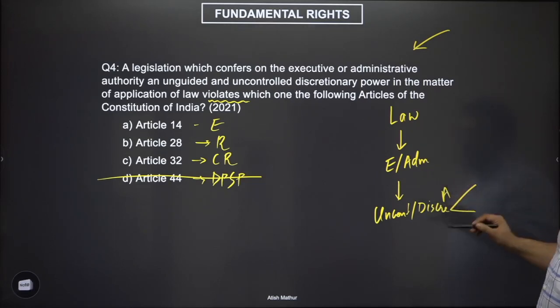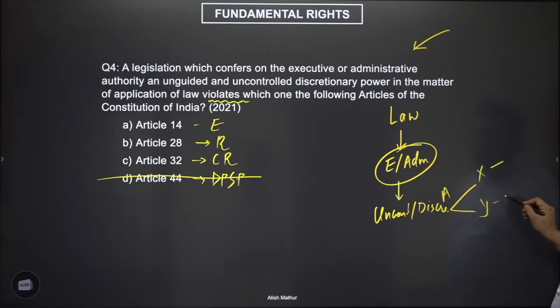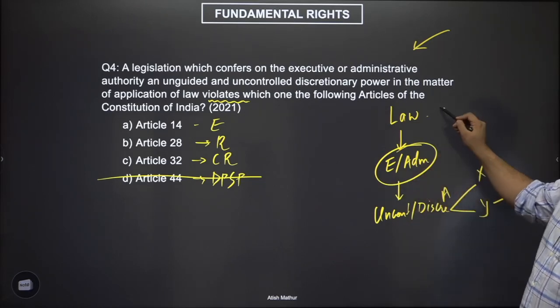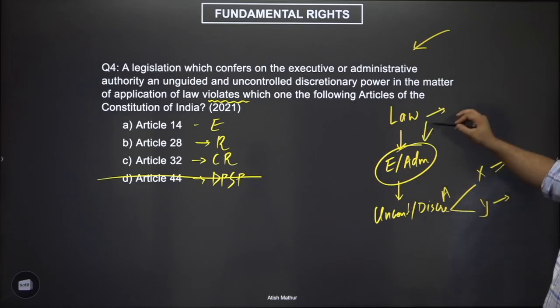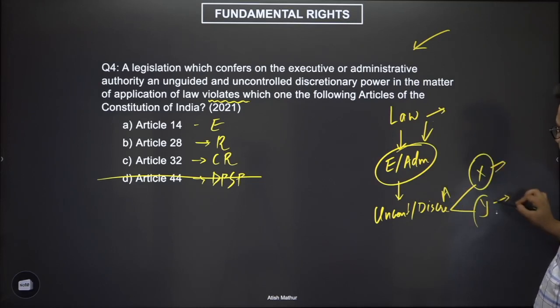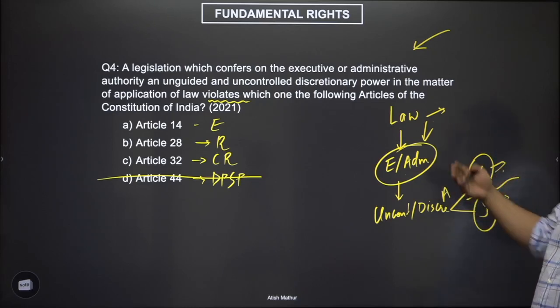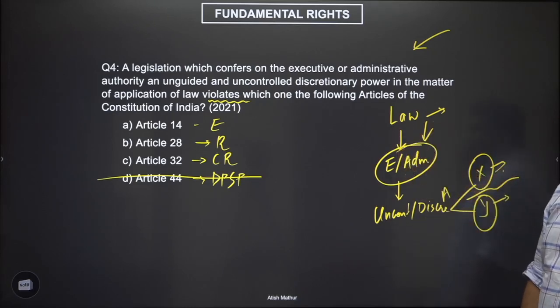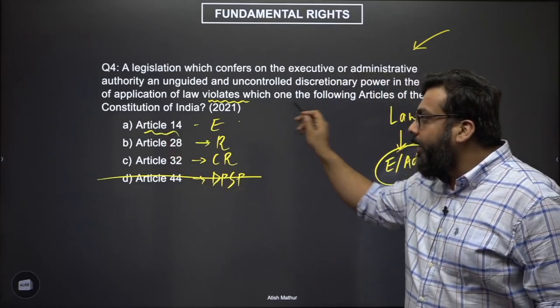If it had to apply this power to two people X and Y, they have absolute freedom to apply this power unequally to X and Y. And the reason they're able to do this is because a law is giving them this power to do so. So this law is treating X and Y differently because of the power given to the administration. So a law which treats people differently and unequally violates Article 14. So this should be your answer.